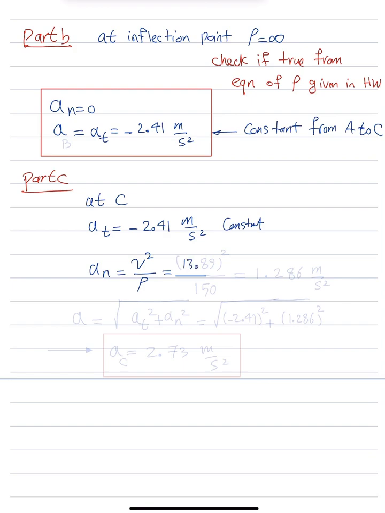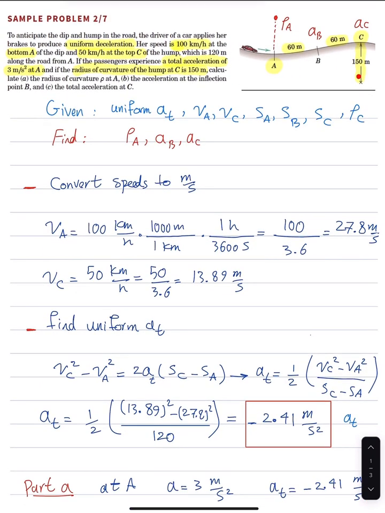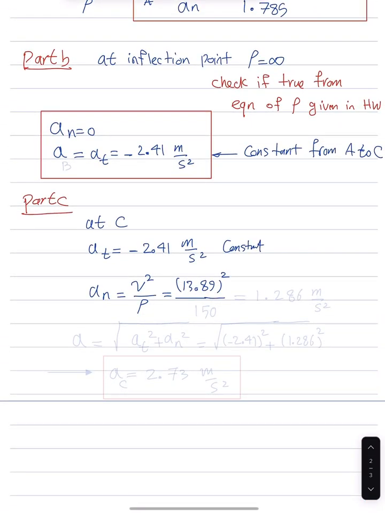It's 13.89 squared divided by the rho, which is given in the problem statement. It's 150 meters. So this turns out to be 1.286 meters per second squared.